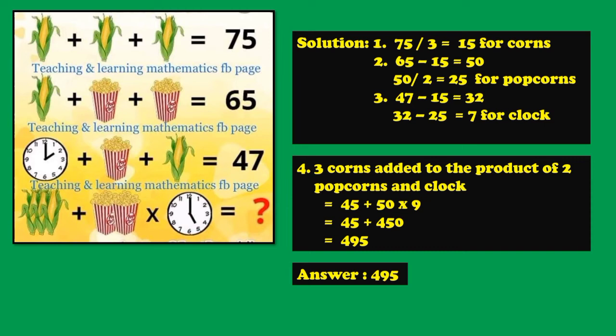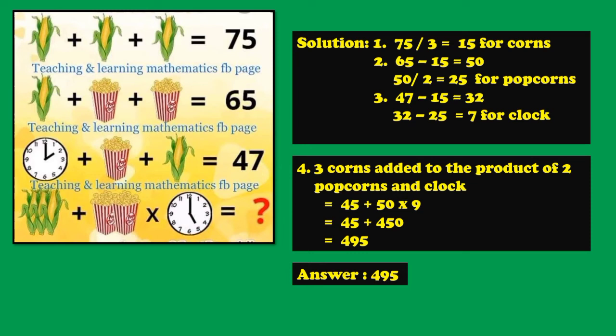So the solution would be, the first row we have 75. Since we have 3 corns here, we have now 75 divided by 3, so every corn that we have is 15. Then in the next row we have 65, so 65 minus 15 because we have 1 corn here, so 50.